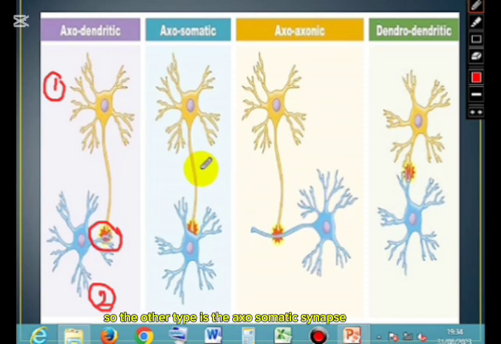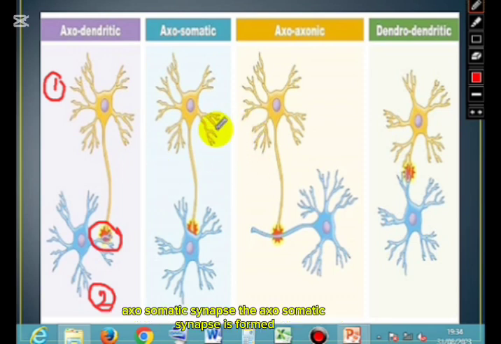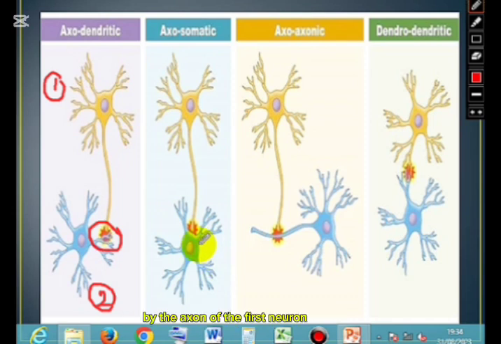Good. So, the other type is the axosomatic synapse. The axosomatic synapse is formed by the axon of the first neuron and the soma or the cell body of the second neuron. Alright? So the junction is here.